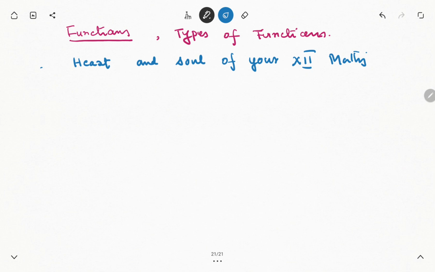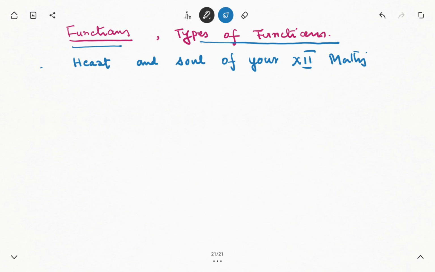If you are able to understand functions and the types of functions, you are through with continuity, its graph, differentiation, maxima, minima, increasing, decreasing, integration, differential equation, everything. This is the heart and the soul.